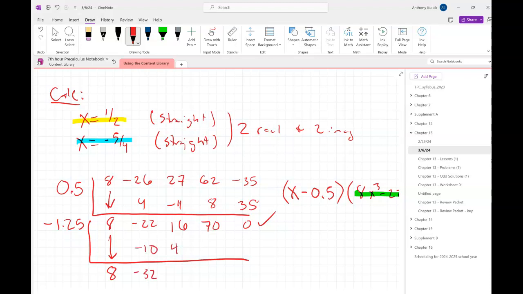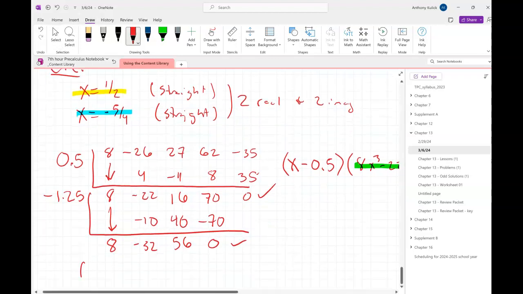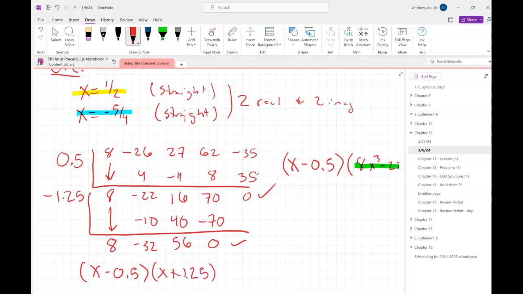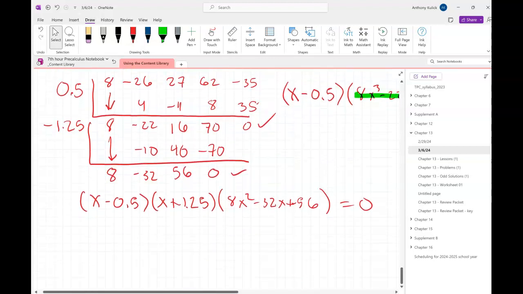And that's +40. That's -70. Yes. So now I have x minus 0.5 times x plus 1.25 times 8x squared minus 32x plus 56. I'll set that equal to 0.